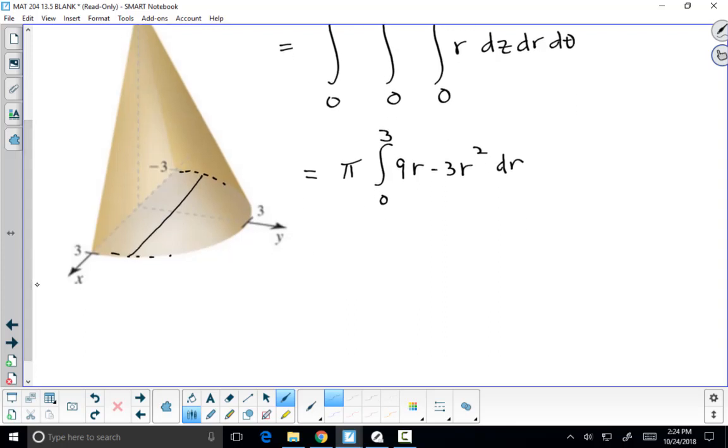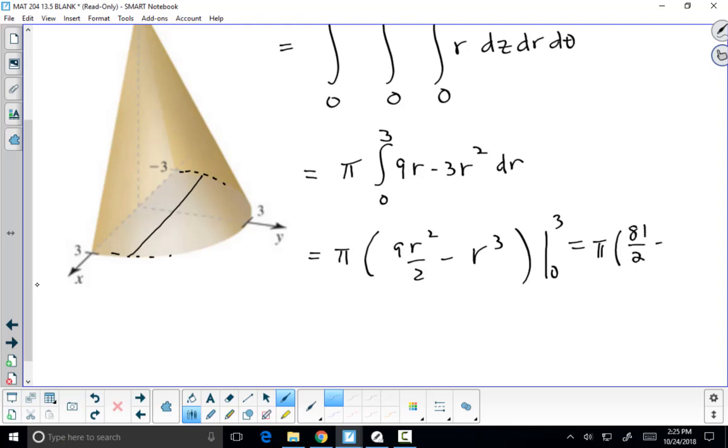Integrate with respect to r. So we have pi times 9r squared over 2 minus r cubed, 0 to 3. So we get pi multiplied by 81 halves minus 27, and if we get a common denominator, 81 halves minus 54 halves.